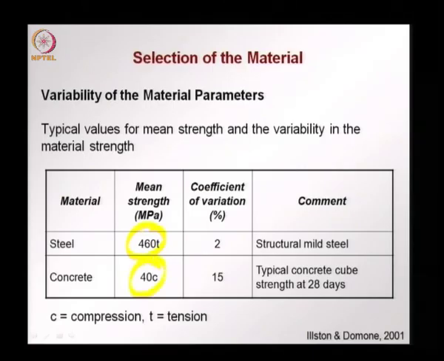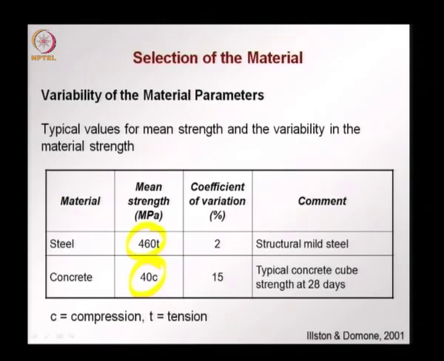These are again values taken from Illston and Domone, and for these you will have a coefficient of variation for steel which would be quite low. Say for a structural mild steel we will have a coefficient of variation of say 2%, because steel is a factory made product, the quality control during production is very good. So, the coefficient of variation is quite low, as low as 2%.